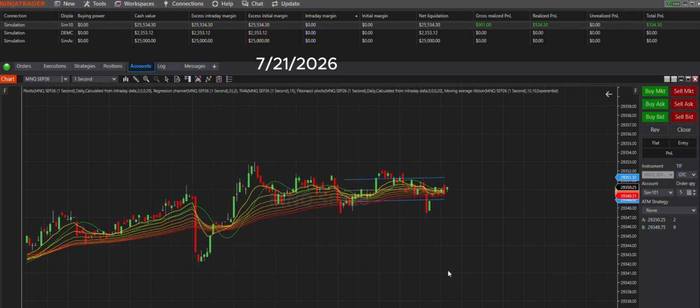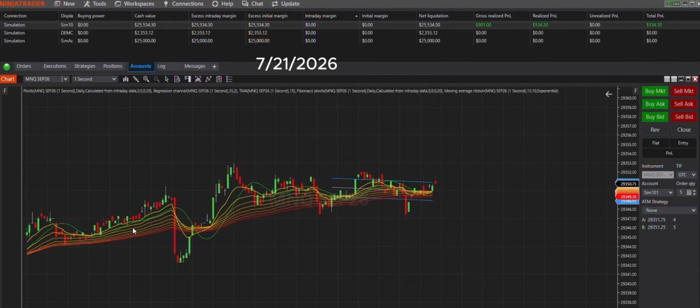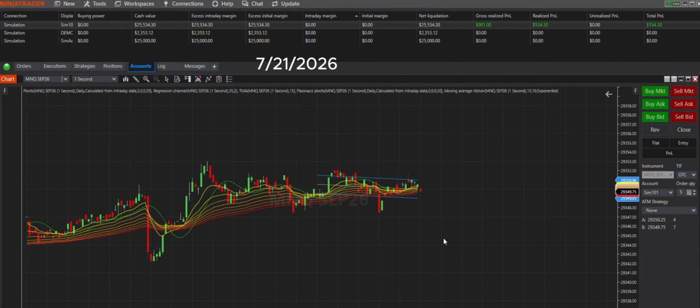So now I took the swing uptrend. Now let me take a swing downtrend. So I have to wait until the red lines are on the upside and the rest of the lines are below.